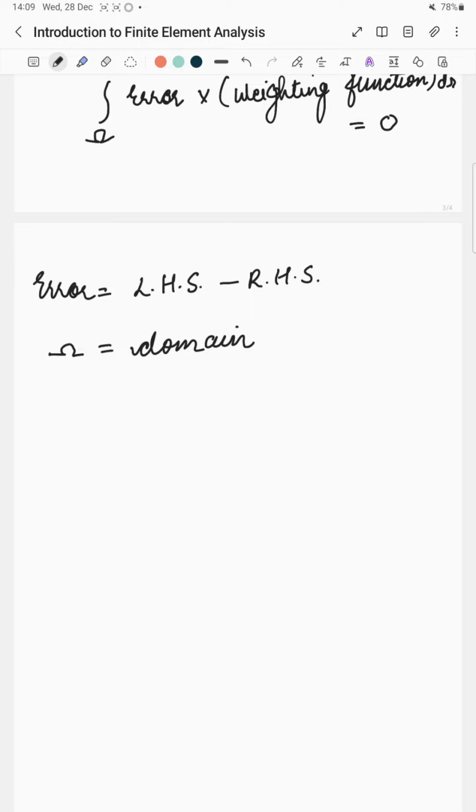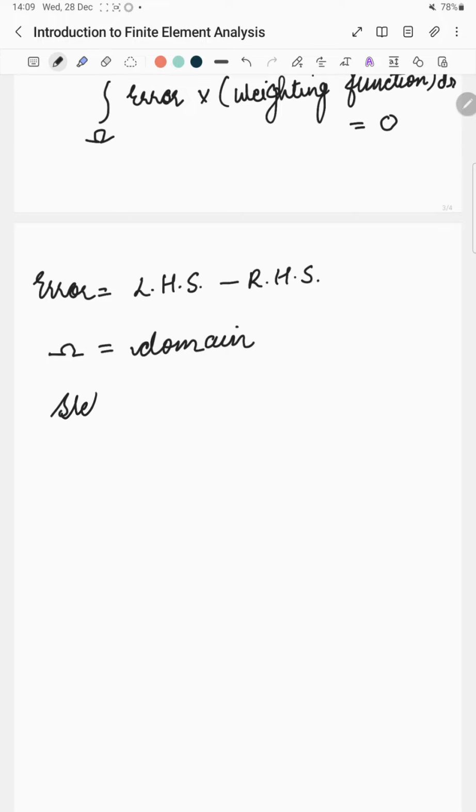Thus, in context of solving partial or ordinary differential equations, if we find it difficult to get a closed form solution, we use finite element approximations to get approximate numerical solution.